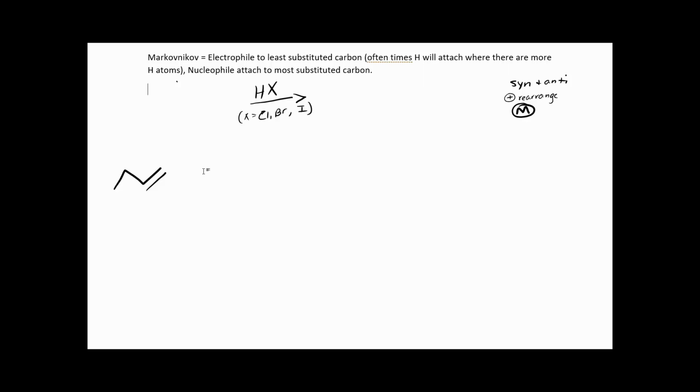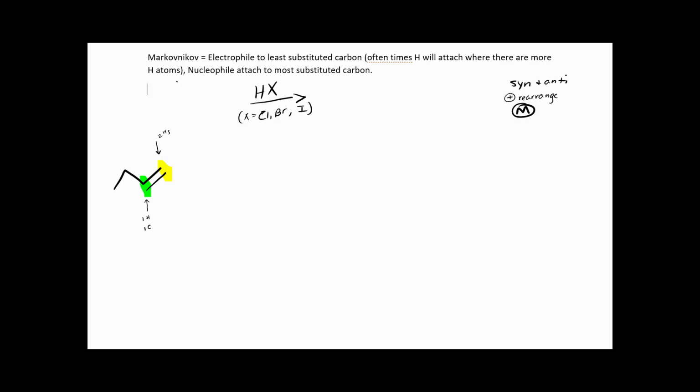That means the hydrogen or the electrophile will be bonded to the carbon that is least substituted. So here's my least substituted carbon. And then in a different color, I'm going to come over here and do my most substituted. You see my least substituted, this has two H's. My most substituted, that's this carbon. This carbon has one H and it also has one carbon.